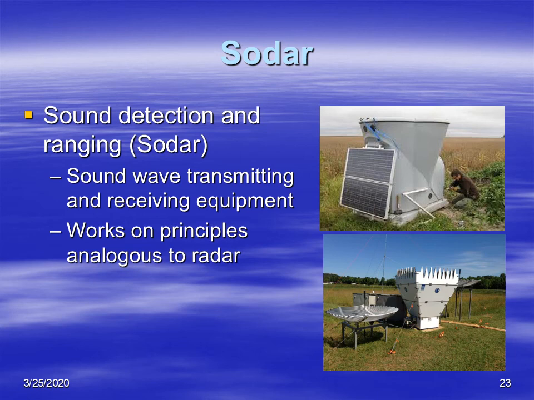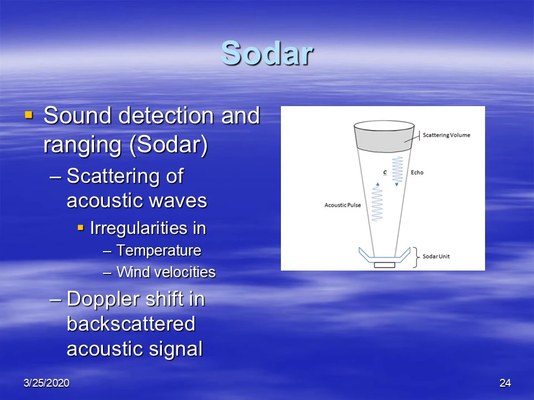So it works on the very same principle as your vertically pointing wind profilers, and also LiDARs in some respects, except they're using sound waves instead of light or electromagnetic radiation.